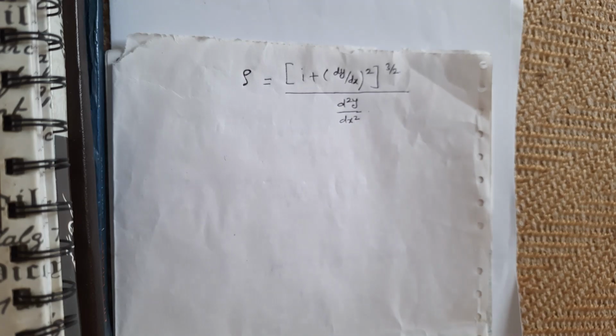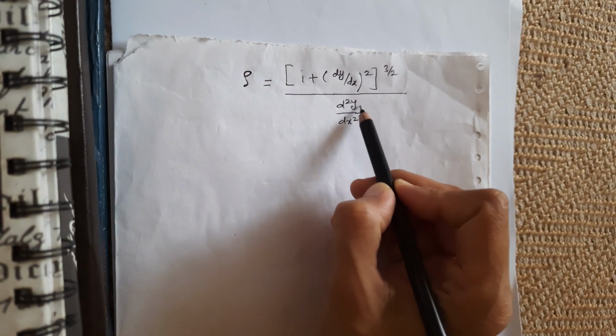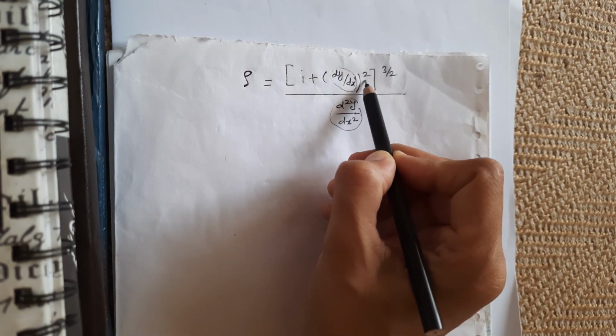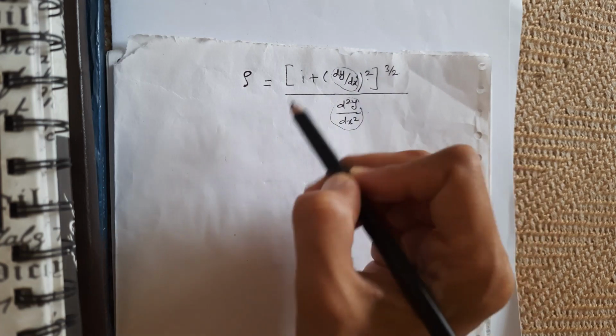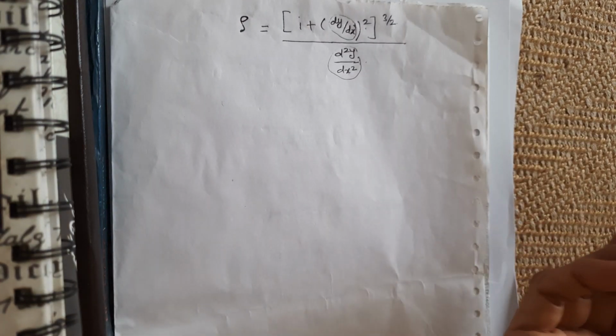This is the formula for radius of curvature. Remember that the second order derivative is in the denominator, and here we have the first order derivative and its square. Kindly remember this formula well, otherwise you will get the wrong answer.